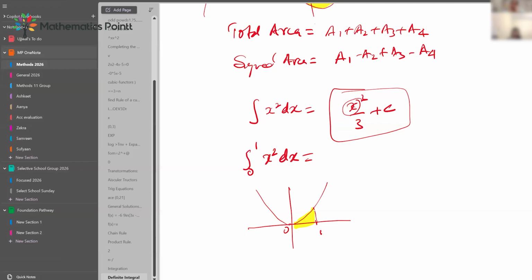So you have to enter boundaries to get to the definite value of the area that you are after. Now, how do I get to know the area under the curve between 0 to 1 for x squared dx? I don't do anything that is new. I'll exactly do this, plus c. But now I have these boundaries. So I'll say 0 to 1.